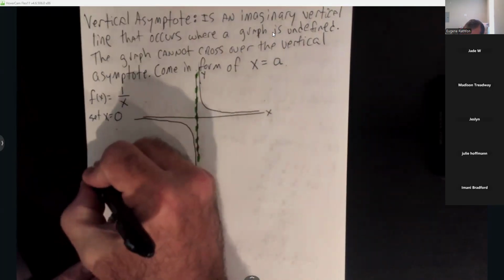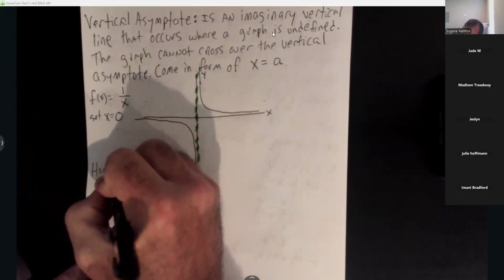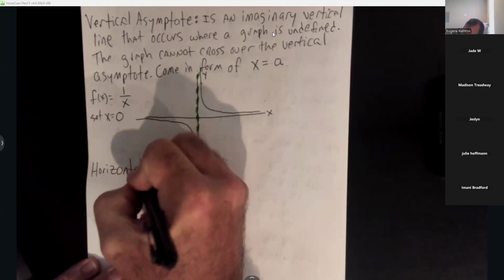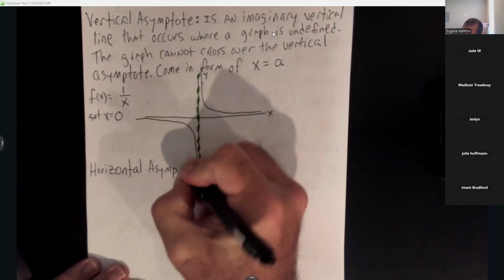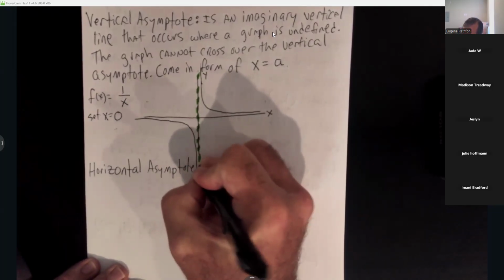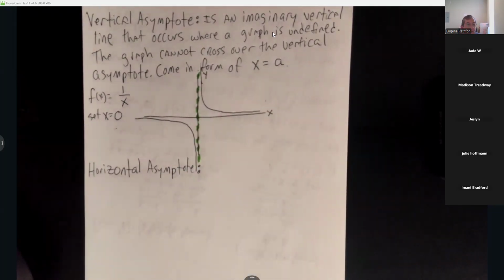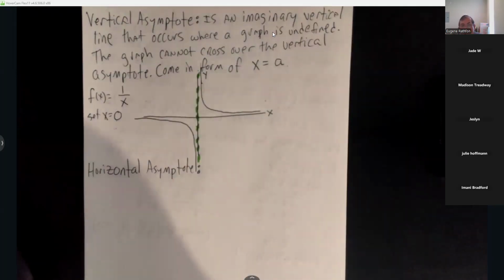Now we got a second one we're going to look at. Horizontal asymptote. And guess what? It's also an imaginary line, but it's a horizontal one, okay?